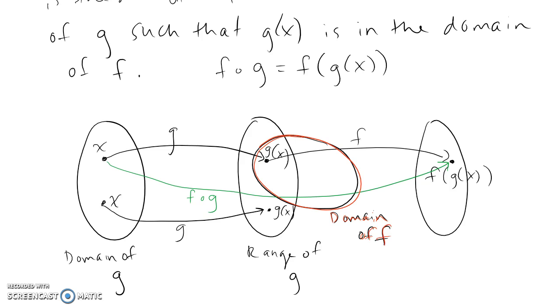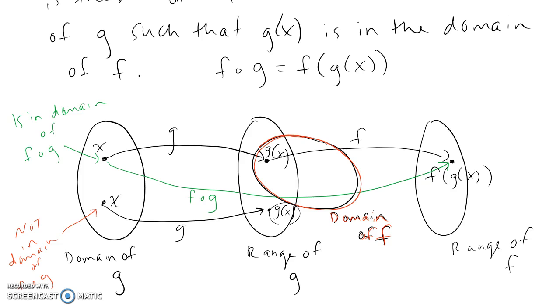Since it's not in the domain of f, this g of x right here, it's not going to get taken to over here, which is the range of f, by f, right? So this x right here is not in the domain of f of g, and this one here is in the domain of f of g. Okay, so that's kind of a picture of what's happening.